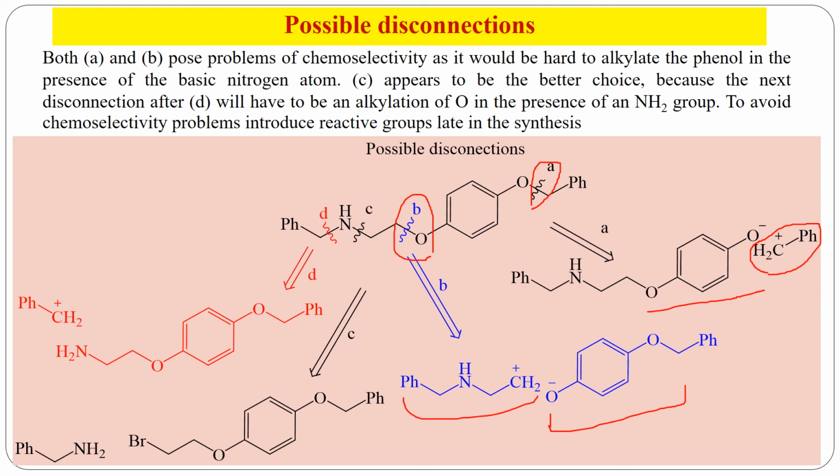And between C and D, here this is C and this is D, C appears to be a better choice because the next disconnection after D will have to be an alkylation of O. Here it is D. It seems to be pretty good, but the next disconnection is the same as that of A or B. Either we have to disconnect this O or this O. Then we have to alkylate the phenolic component.